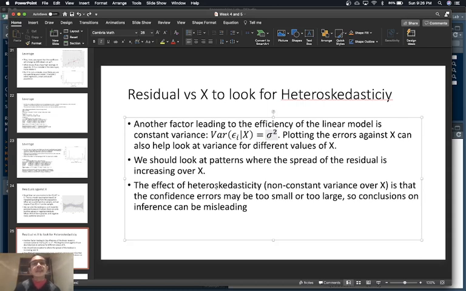The effect of heteroscedasticity is that the standard errors may be too small or too large, so conclusions on inference can be misleading. Later on in the course, hopefully we'll have time at the very end, we'll come up with solutions in R for heteroscedasticity.